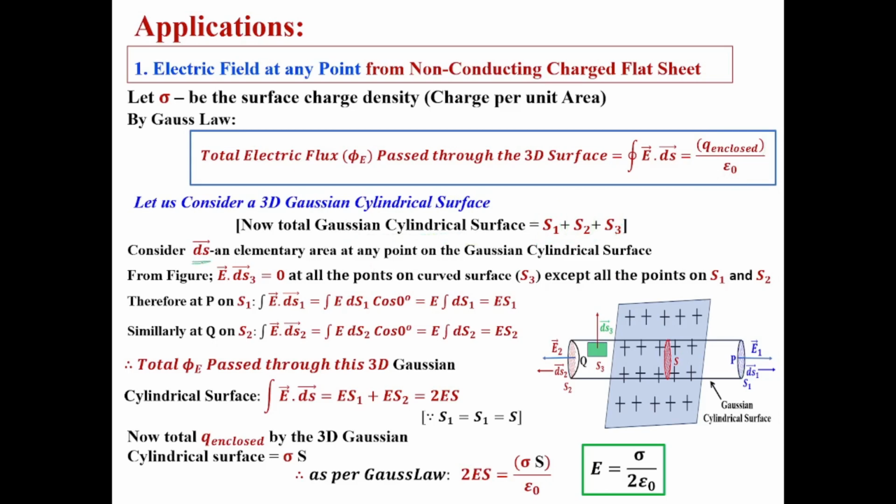For that, we consider an elementary area at any point on the Gaussian cylindrical surface. First, we consider a small area ds3 on S3, the curved surface.